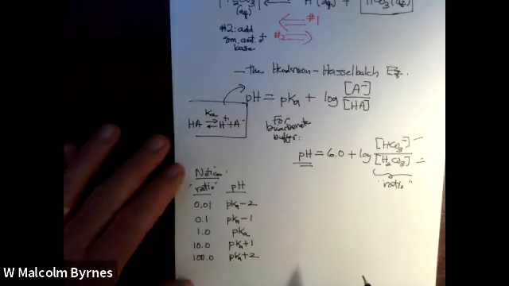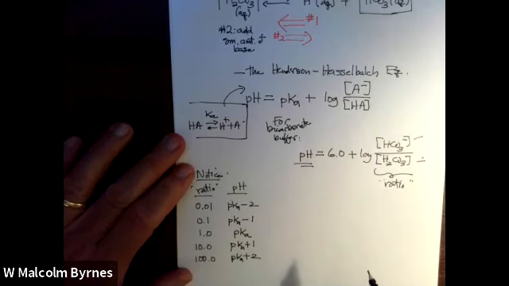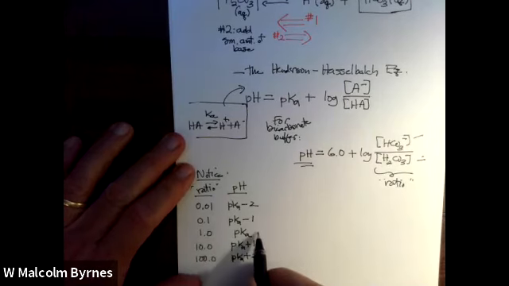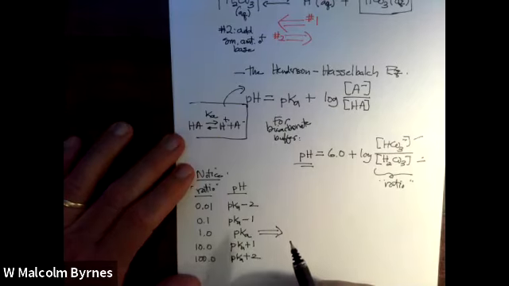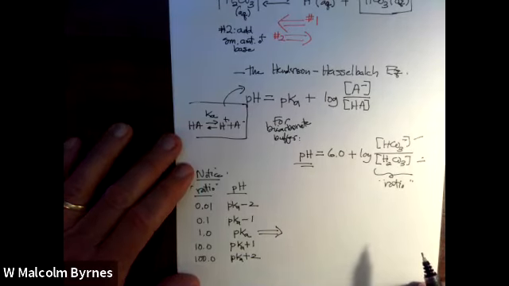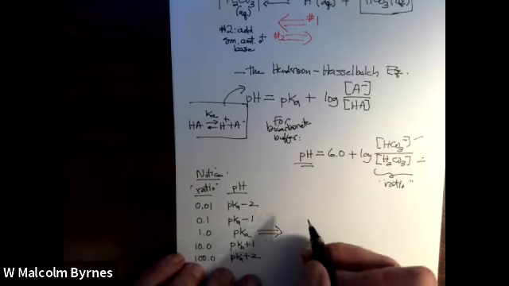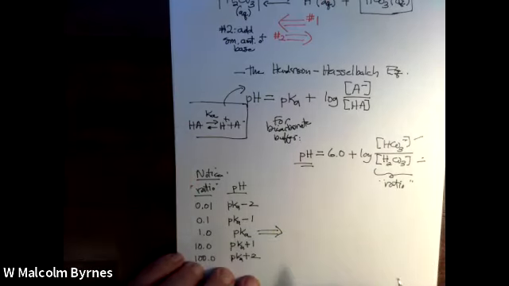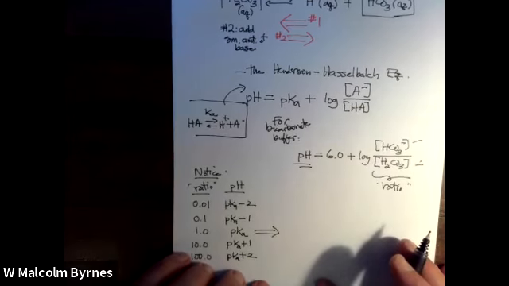And one thing to point out here is that at the midpoint of a titration of a weak acid, when you have equal amounts of conjugate base and weak acid, because you've titrated half the acid, the pH is equal to the pKa. And that's also where you have the best buffering capacity.